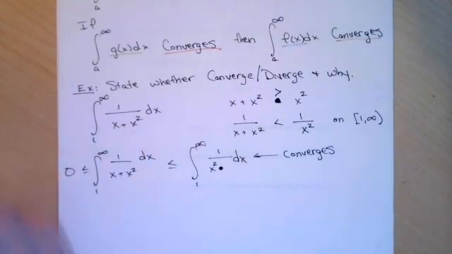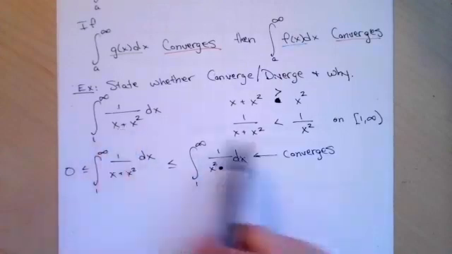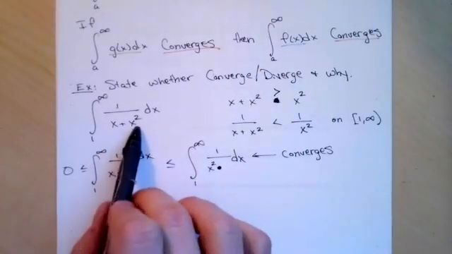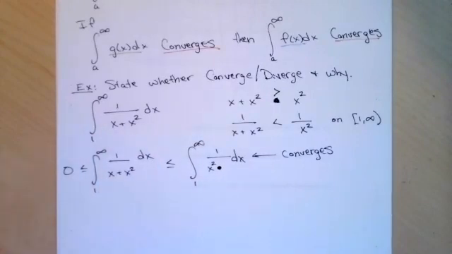Here we see polynomials and polynomials in the denominator where we are integrating off to infinity. And so you want to compare with a function usually of the highest power, the highest degree will often dictate what's going on.